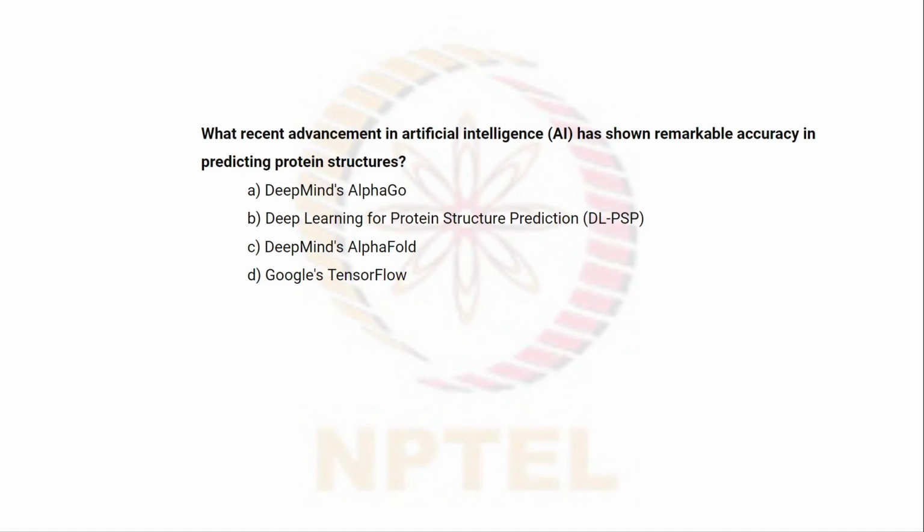These are the different projects that have been undertaken by DeepMind and Google. Which among the following is an AI-based advancement that helps with protein structure prediction?